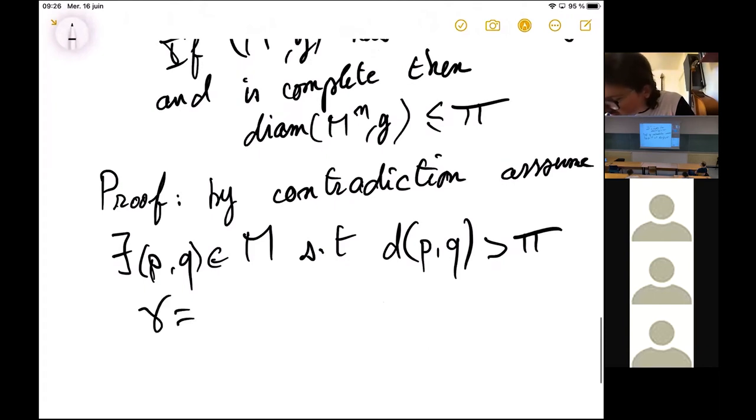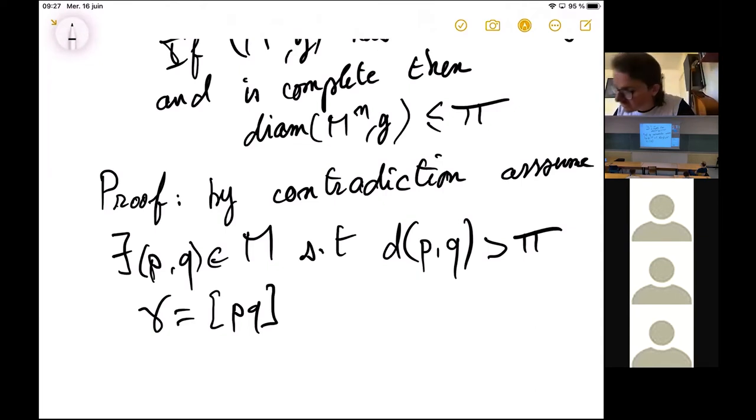So let gamma be any minimizing geodesic between P and Q. If there are multiple, I just pick one.